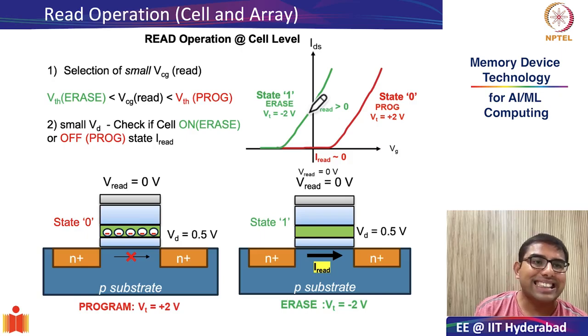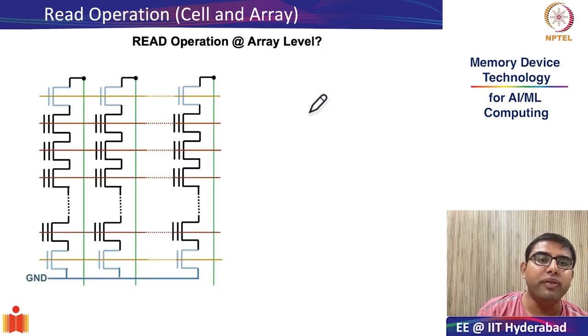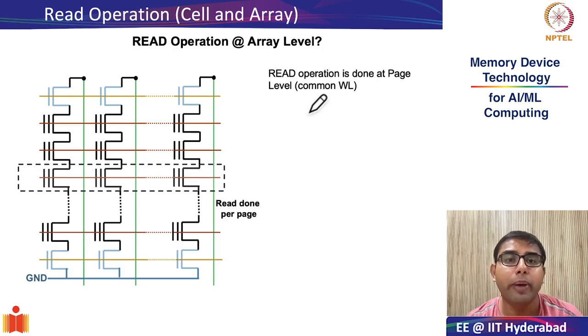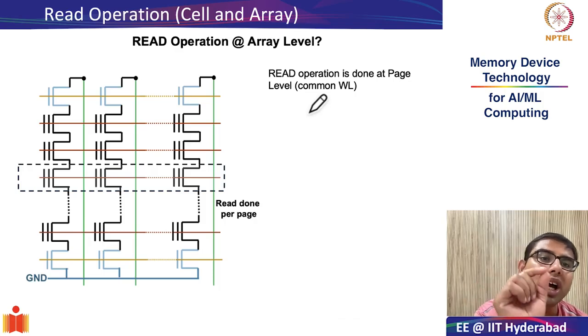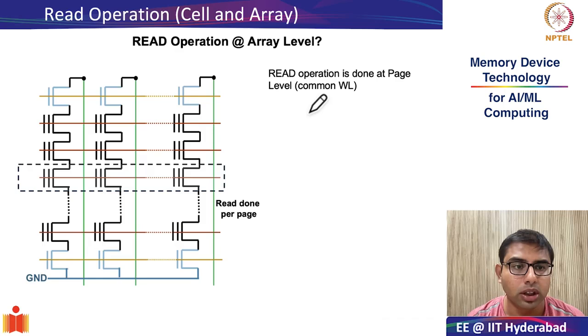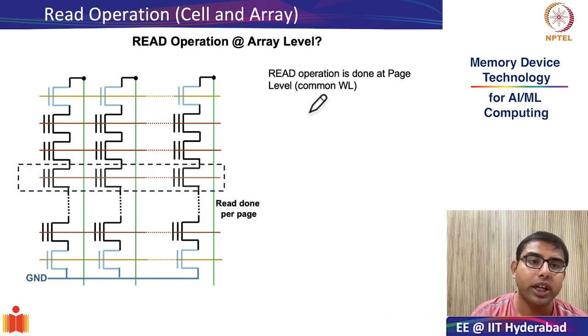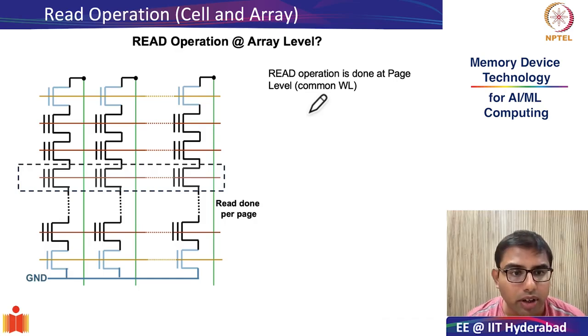However, as you can understand, when we try to translate the same idea to the array level, we again have to do some intelligent biasing at all the terminals. Why is this the case? Because the read operation is done at the page level. That means one common word line is used when you do the read operation. So just like the program operation, the read operation is also done at the page level.